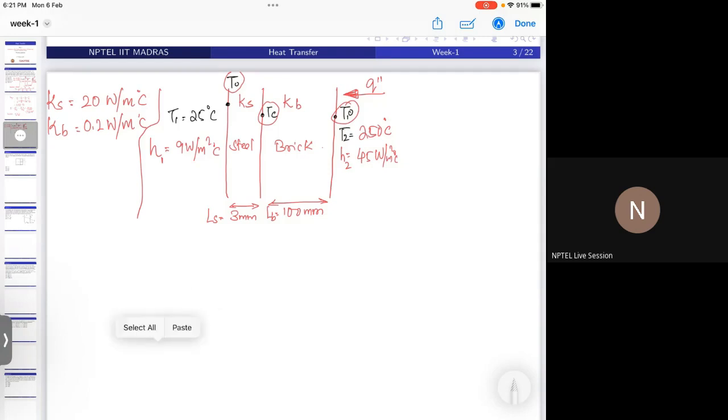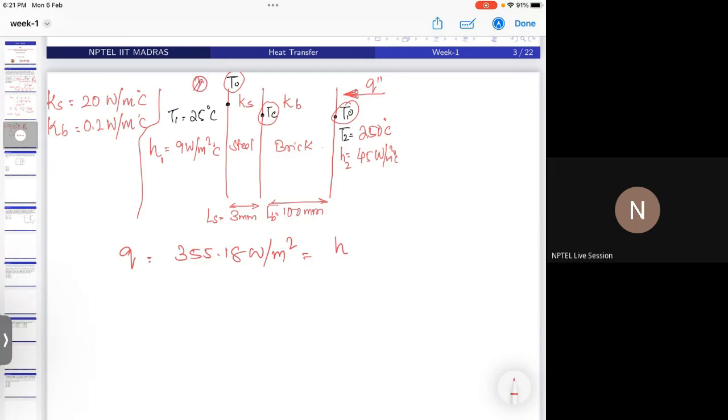Okay, I will do it. If I am doing anything wrong, please let me know. So we know the heat flux already, which is 355.18 watts per meter square. At steady state, what is the convection heat transfer from this side? I am first considering this side.